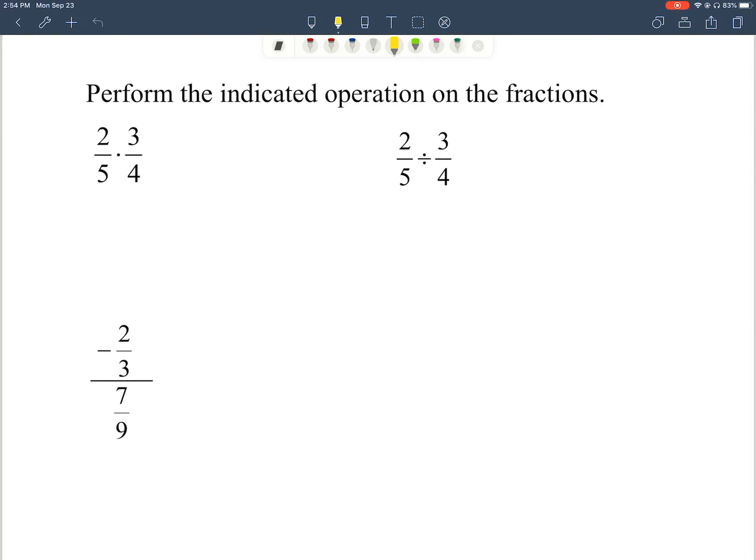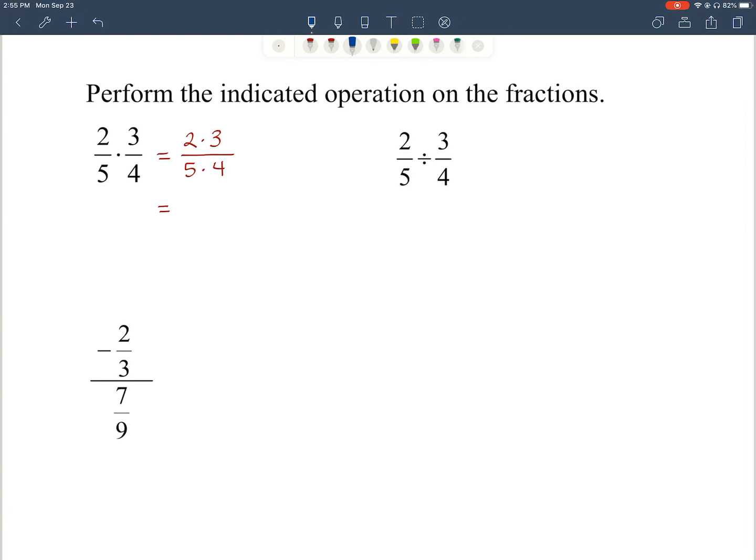All right, so we're going to look at a few of the basic ones to start out here, just with numbers. When we're looking at 2/5 times 3/4, remember when we're dealing with fractions, when we multiply straight across, it becomes one fraction. So it's like 2 times 3 over 5 times 4. This allows us then to look at the common factors that we would have.